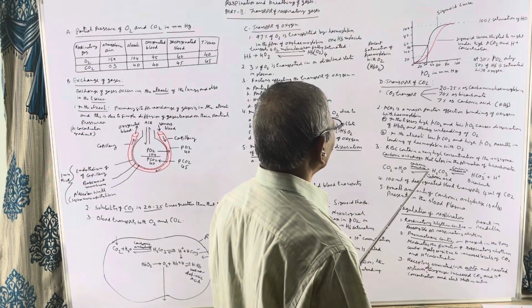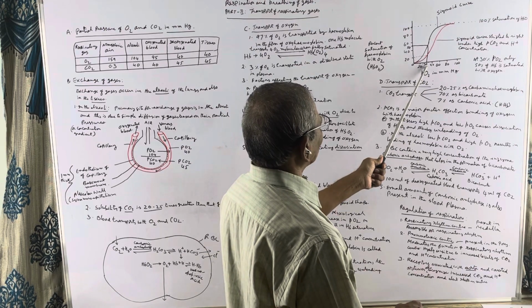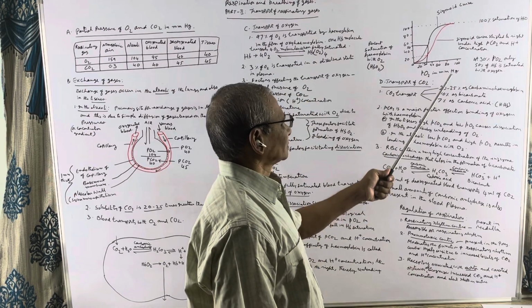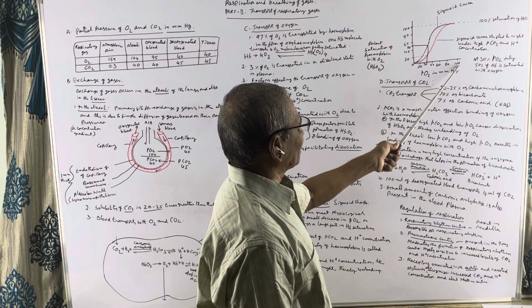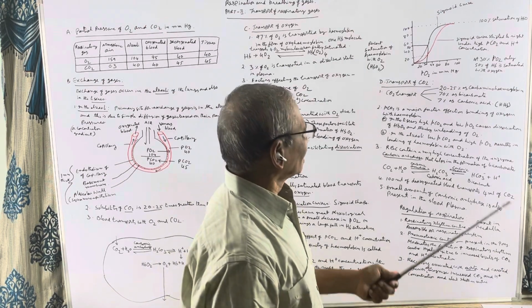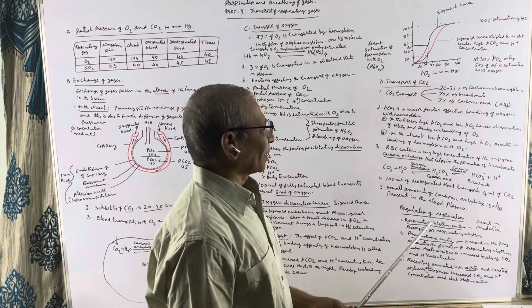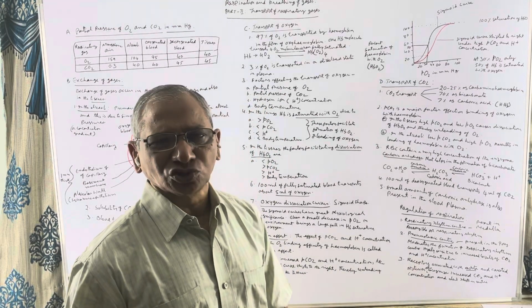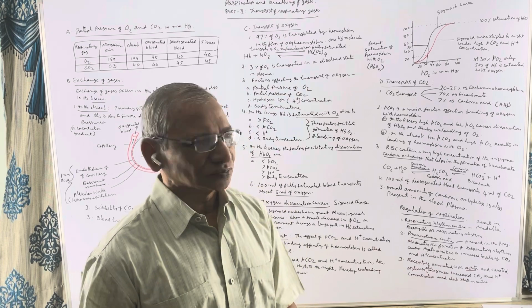Then, let us see what happens if the PO2 is only 30 mmHg. In the alveoli, where the PO2 is 100 mmHg, 100% of hemoglobin is saturated with oxygen. What happens at 30 mmHg of partial pressure of oxygen? In the tissues, naturally, the partial pressure of oxygen is low.